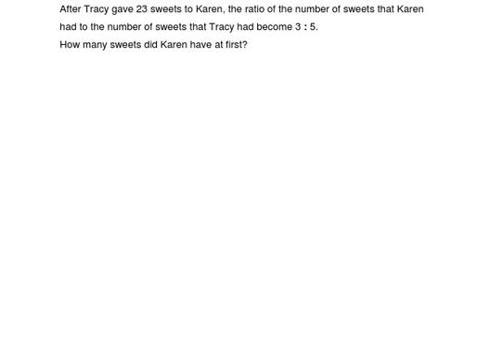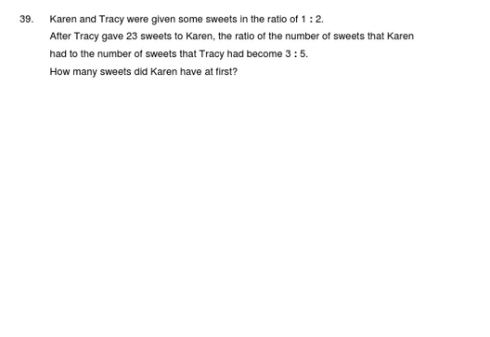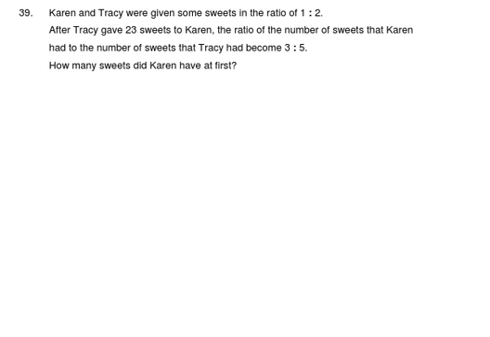Okay, next question. Karen and Tracy were given some sweets in the ratio of 1:2, so you know Karen to Tracy is 1:2.